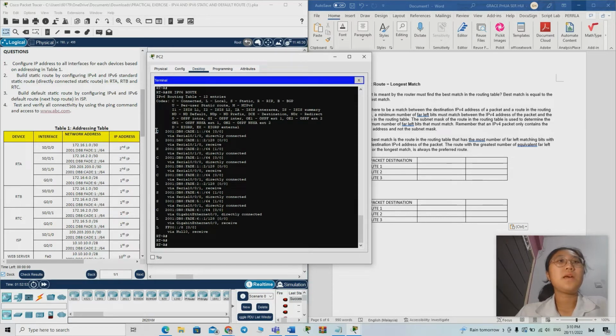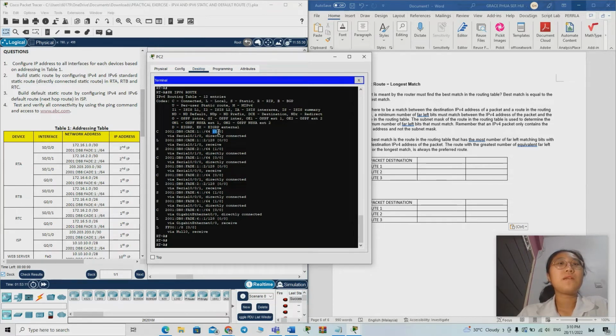C is 2001:db8:cade:1::/64, connected, and here is the outgoing interface.